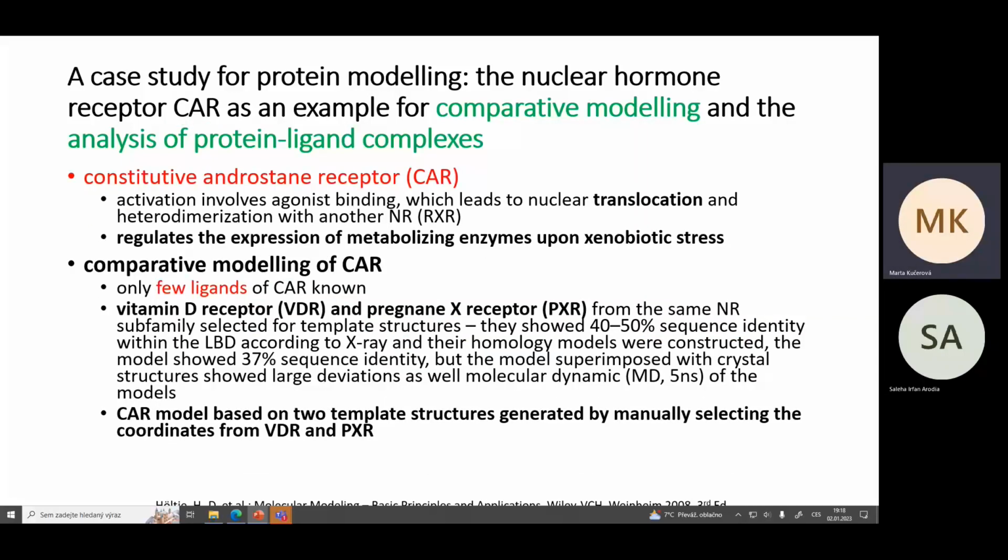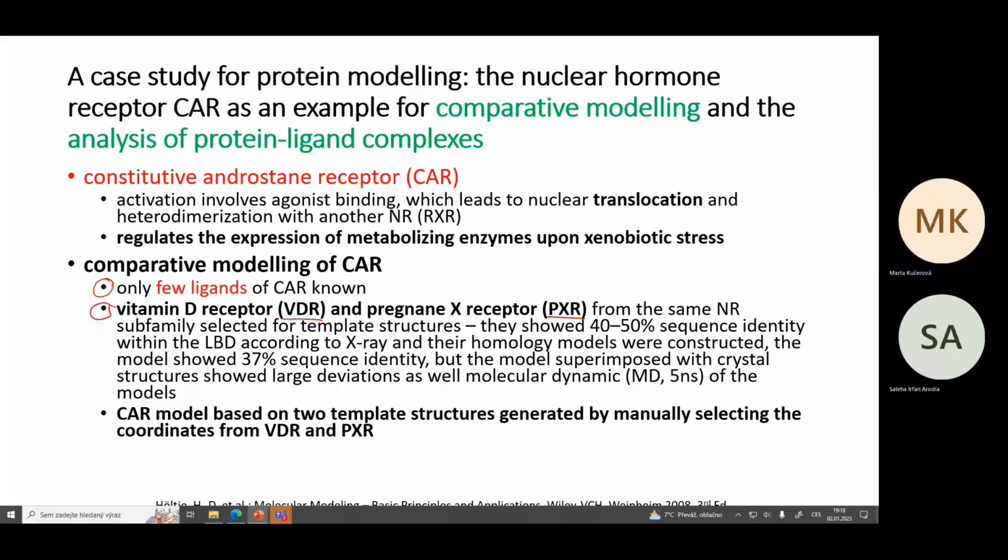As for the constitutive androstane receptor, the structure was not known, and the scientists knew only a few ligands that were able to bind to this receptor. They started comparative or homology modeling, it's synonymous. And they took even two templates. The first one was the nuclear vitamin D receptor, and the other one was the nuclear pregnane X receptor.